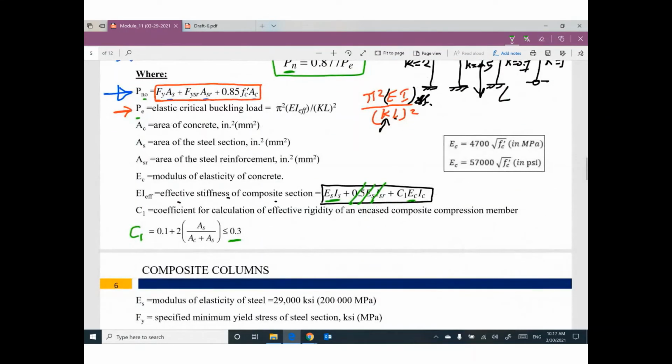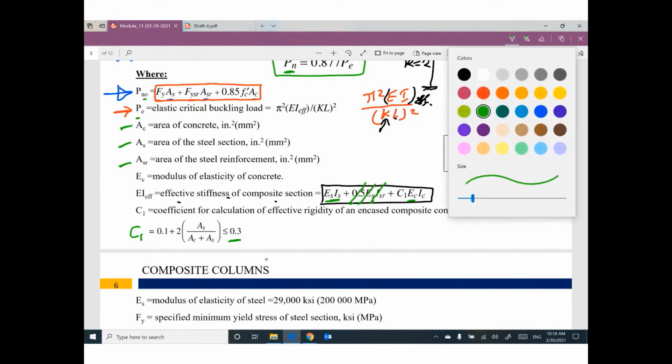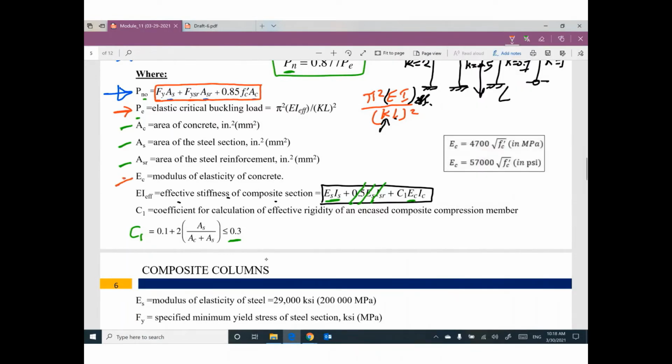Keep in mind, we have area of concrete, area of the steel section, and area of reinforcement. Keep in mind, we sometimes need E concrete. Do you remember from the last semester? E concrete, Young's modulus of concrete, equals 57,000 square root of F prime C in psi, if your units are US units.